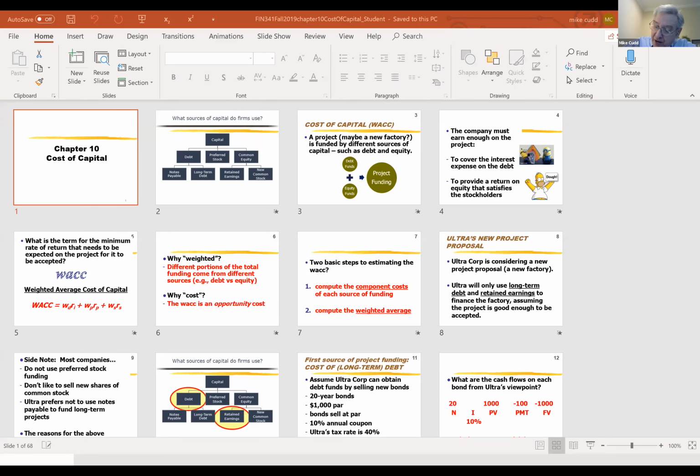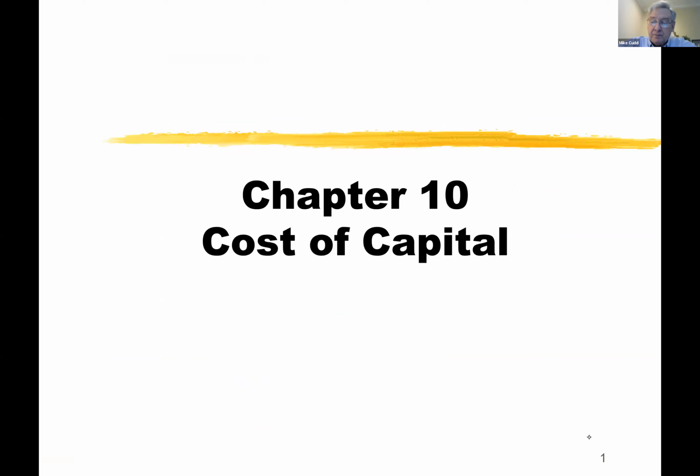We're about to embark on chapter 10, the cost of capital. The remaining 3 chapters that we have. In fact, I'll go to a graphic to make that point. We've got 3 chapters left.